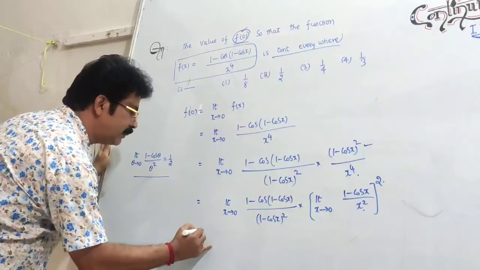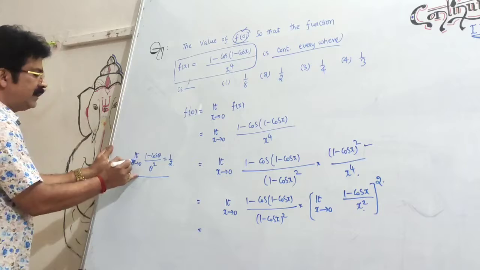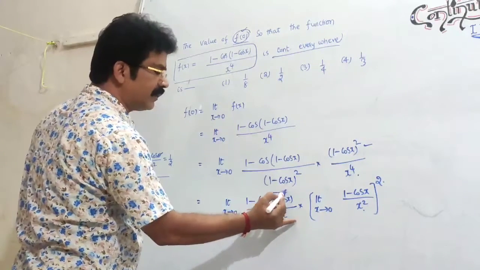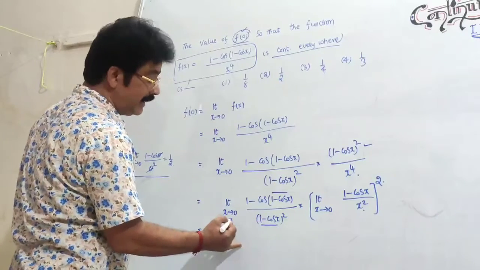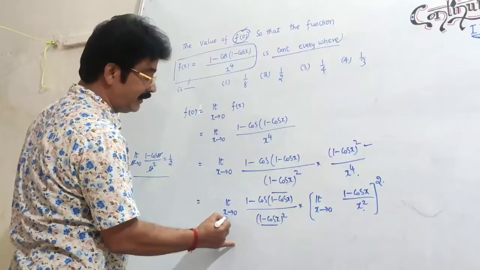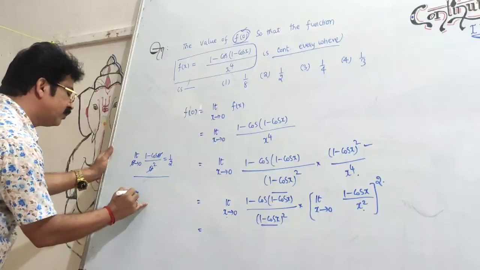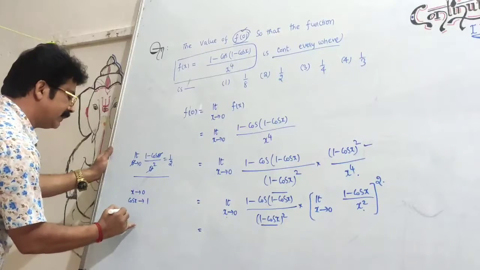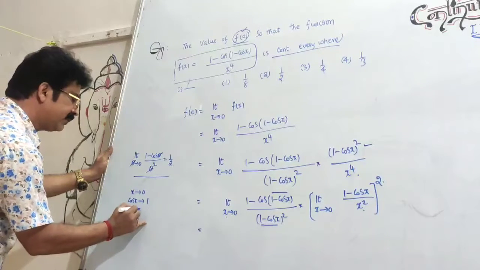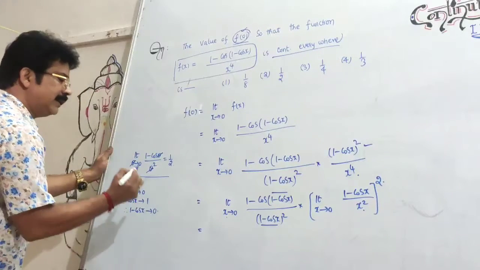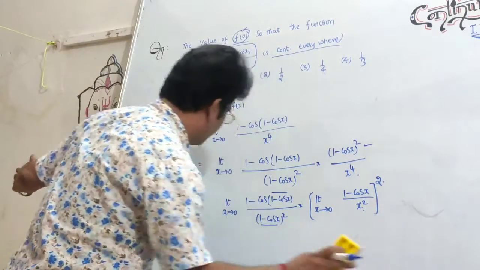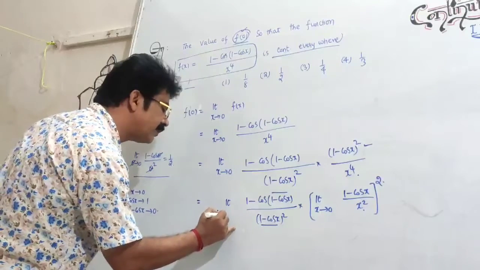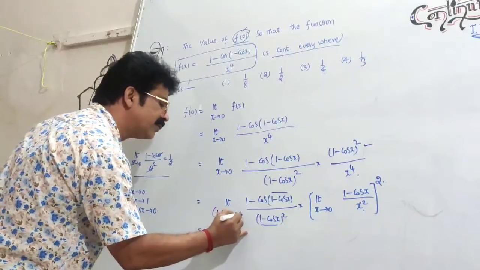So here it is theta, it is 1 minus cos x. But 1 minus cos x is not there as x. So therefore, x tends to 0 means cos x tends to 1, and therefore 1 minus cos x tends to 0. So instead of x tends to 0, we can write 1 minus cos x tends to 0.